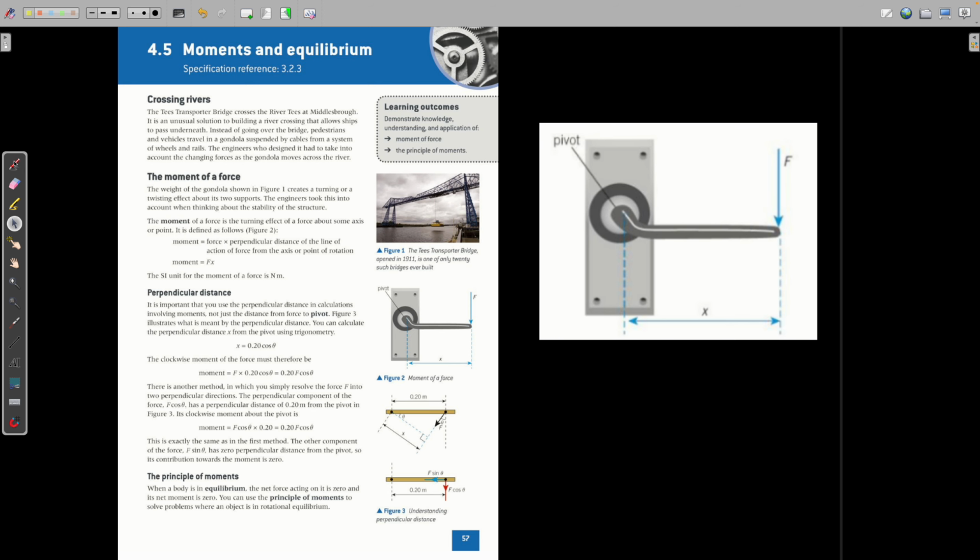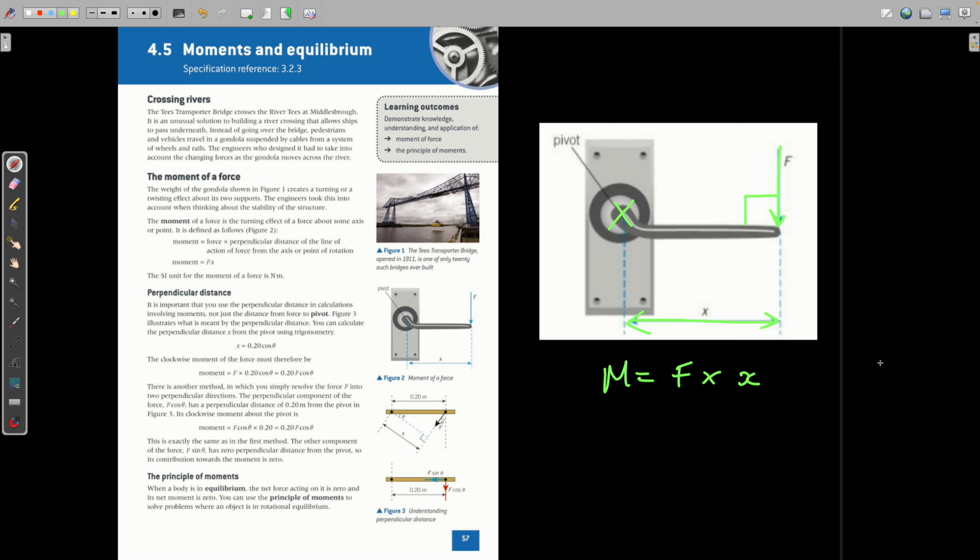The handle is rotating around this pivot point, and you're applying a force F at a certain distance x from the pivot point. In this case, it's at right angles. So straightforwardly, you can just use the moment is the force times the distance because it's perpendicular. So you could just do moment is force times distance, and that would give you the moment.